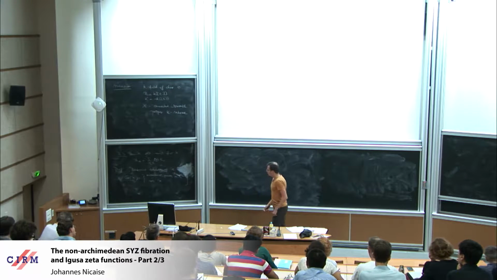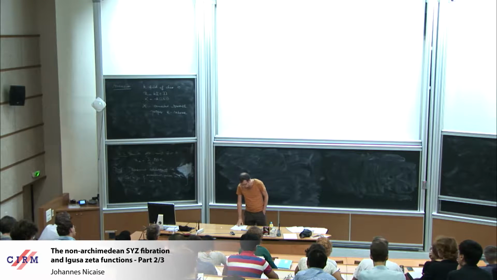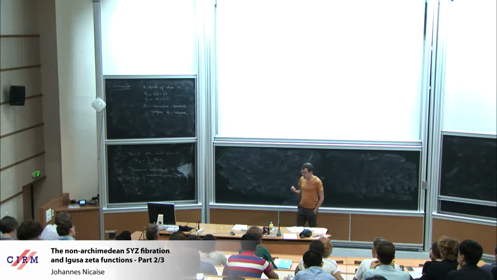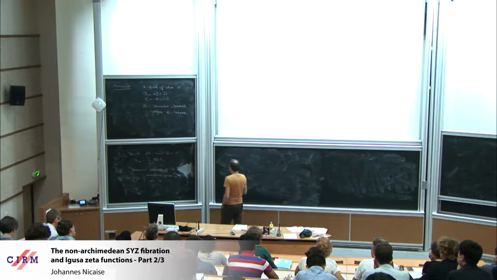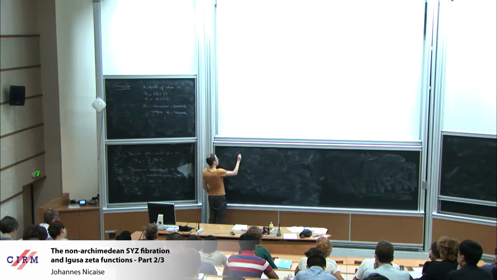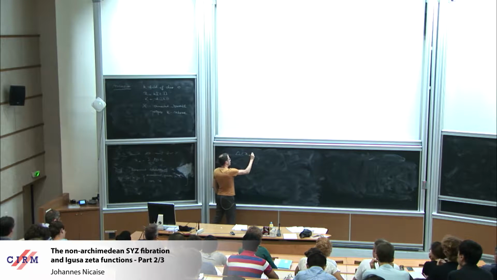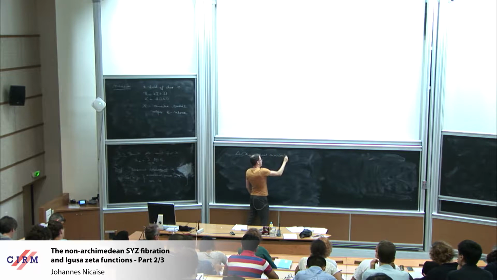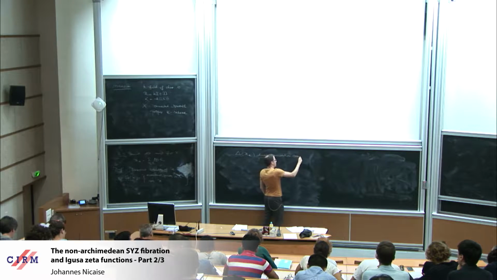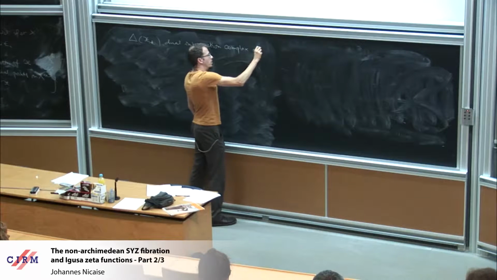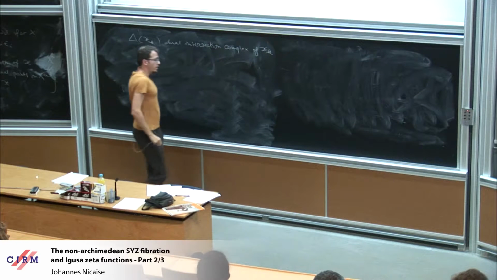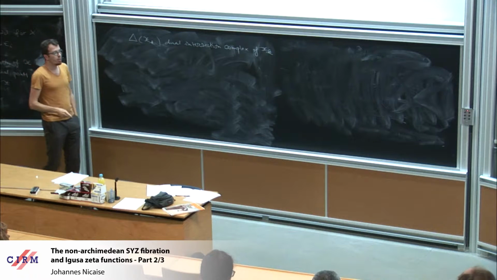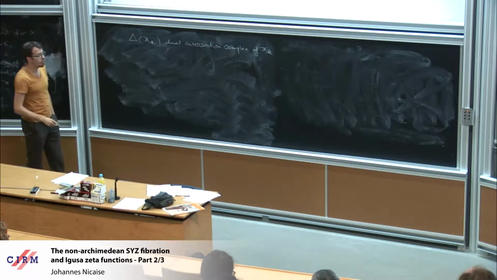And so what is so nice about this skeleton is that we can explicitly describe its topological structure. And so we can compare it in particular to the dual intersection complex of the special fiber. So this is a pretty standard notion in the case of strict normal crossings models, when the special fiber is a strict normal crossings divisor.